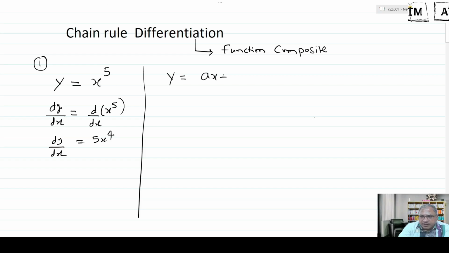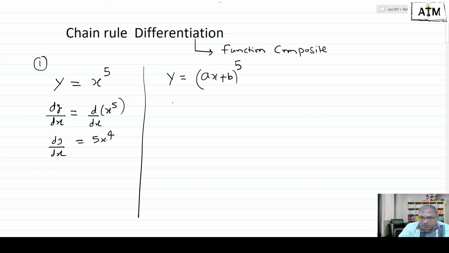But to use the chain rule, the function must be a composite function. That is, y equals (ax plus b) raised to 5. Now this is not a standard function. It is a composite function. In case of a composite function, you use the chain rule of differentiation. When a composite function is given, we cannot directly obtain dy by dx.